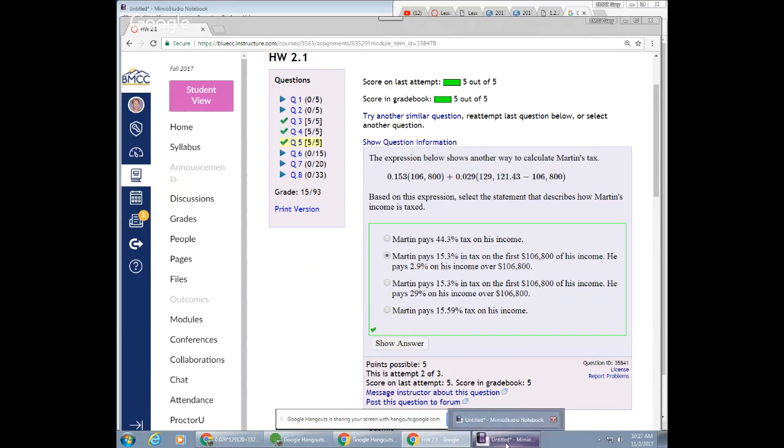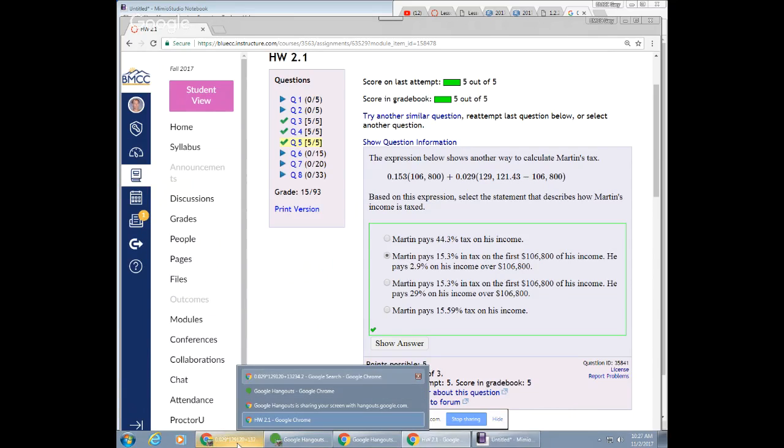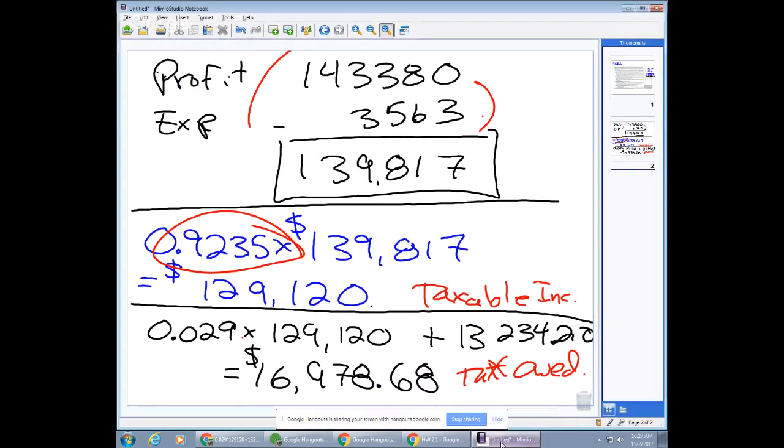So I want to go back and double check something. If we look at his taxable income, that's the 129,120 versus the amount of tax he ultimately paid. Is he going to end up paying more or less than 15% in the end? Is it a lot more or a lot less? The only way to really figure that out is to take the 16,000 and divide by the 129,000. So whip out your calculators right now.